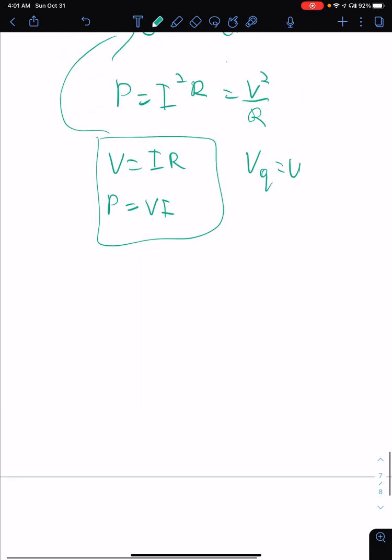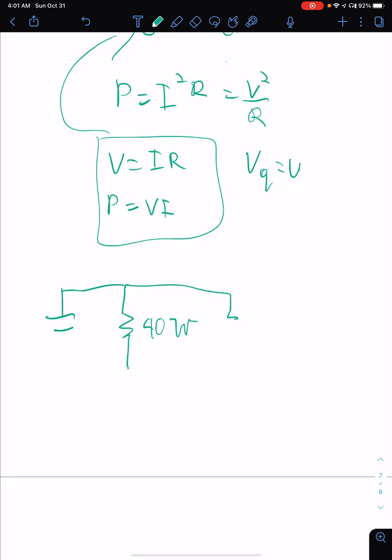So let's just draw out a circuit. This is a battery, and this light bulb is a 40 watt, and this one's a 100 watt. I'm not gonna do their stupid load symbol.